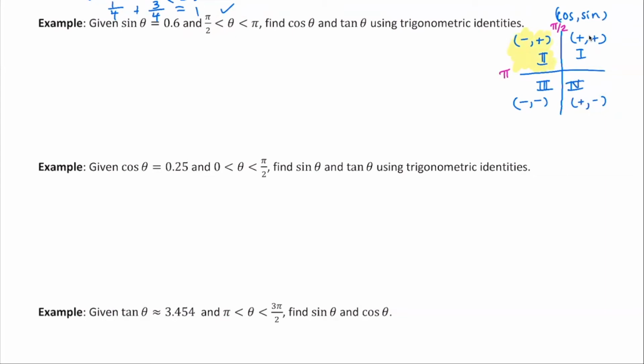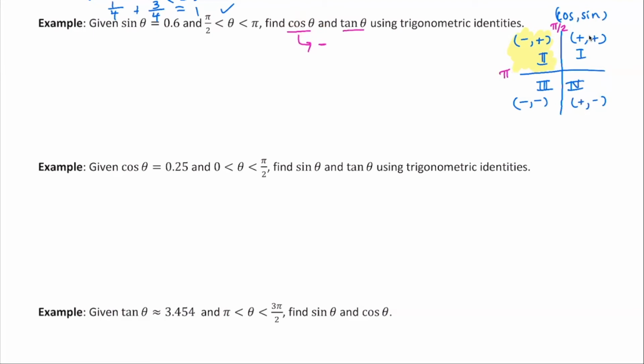So why is that important to know? Because right away, before we even start solving the problem, that tells us that cosine is going to be negative, because cosine corresponds to our x values. In quadrant 2, the x-axis is negative, so cosine will also be negative.